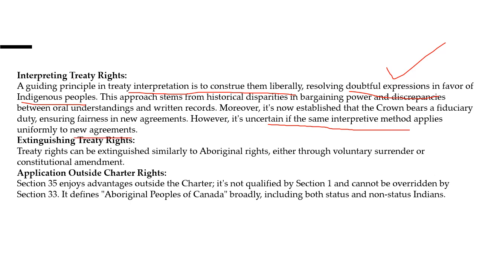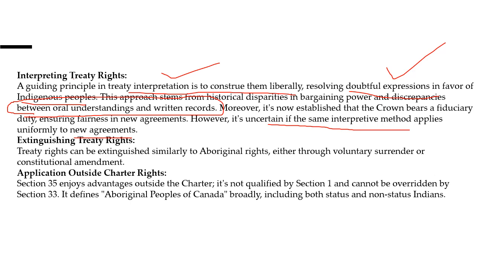So here we are talking about the older treaties, because when these treaties came into existence 50-60 years ago or even before that, we are not sure how clear the records were that have been maintained, because at that time there were also language barriers between indigenous people and the British Crown.